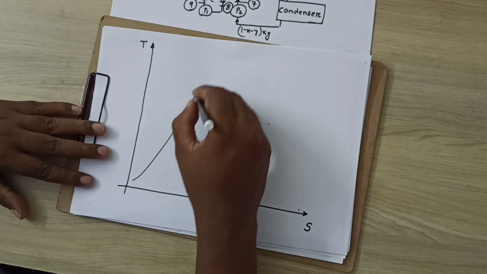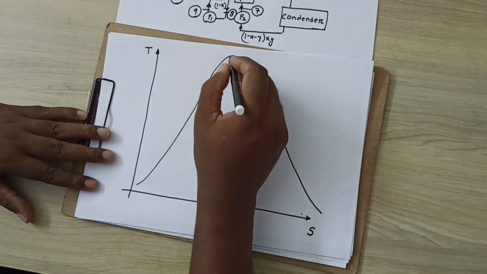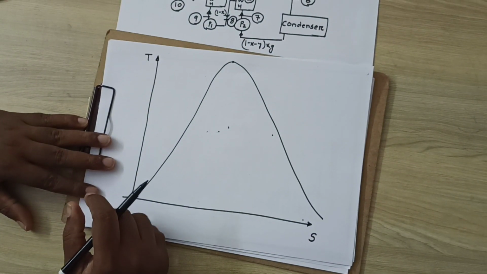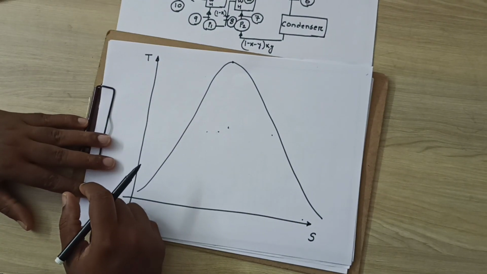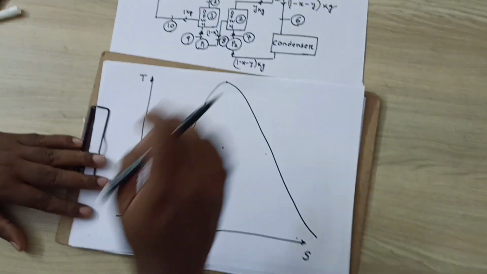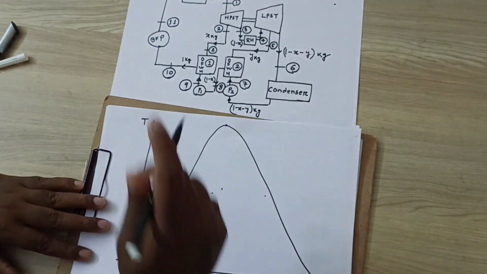Then I will prepare the vapor dome. This is the critical point where the vapor dome changes its sign. Now we will put the pressure lines. How many pressure lines are there? Boiler pressure line and condenser pressure line, along with OFWH1 and OFWH2.